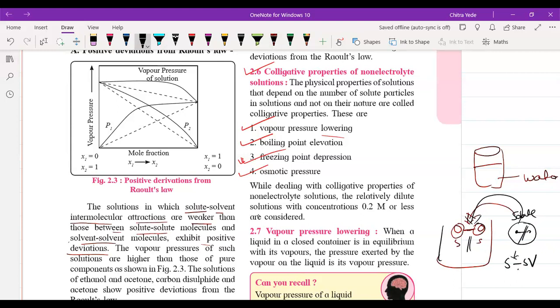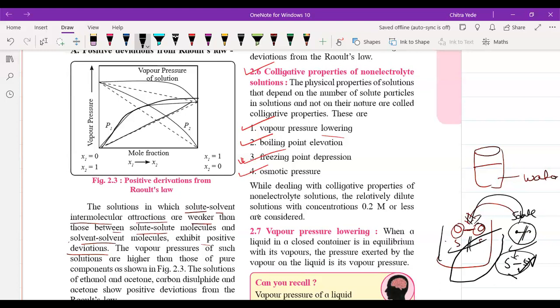If it is weaker, then deviation takes place positive. But if it is stronger than the original one, deviation takes place negatively. See here, this is the normal line, but here it takes place in a positive way like this.